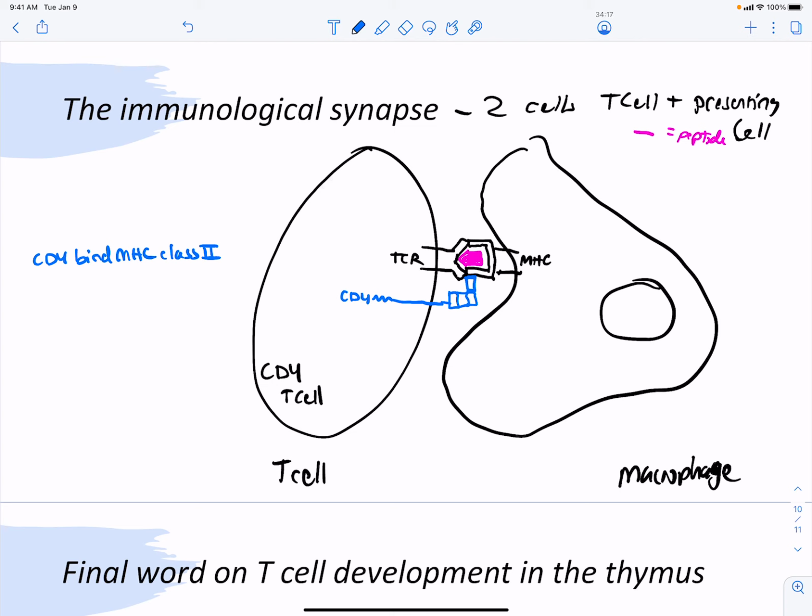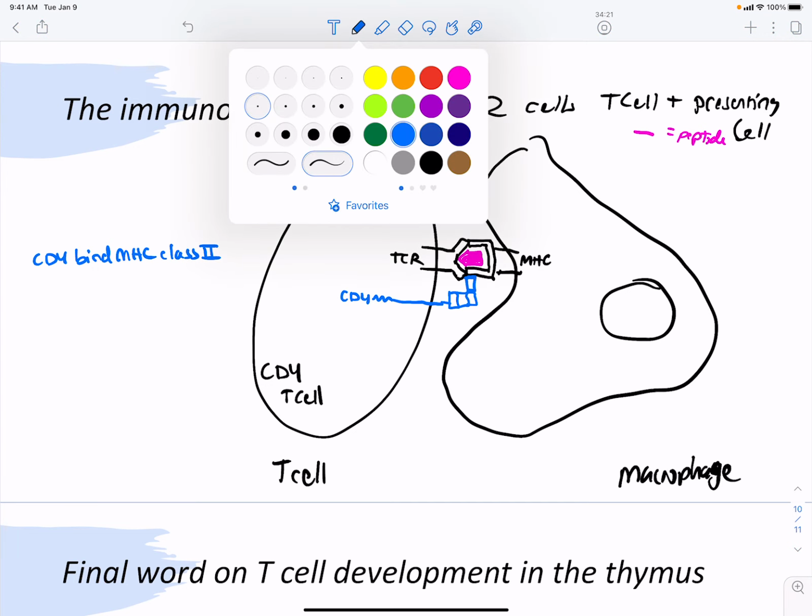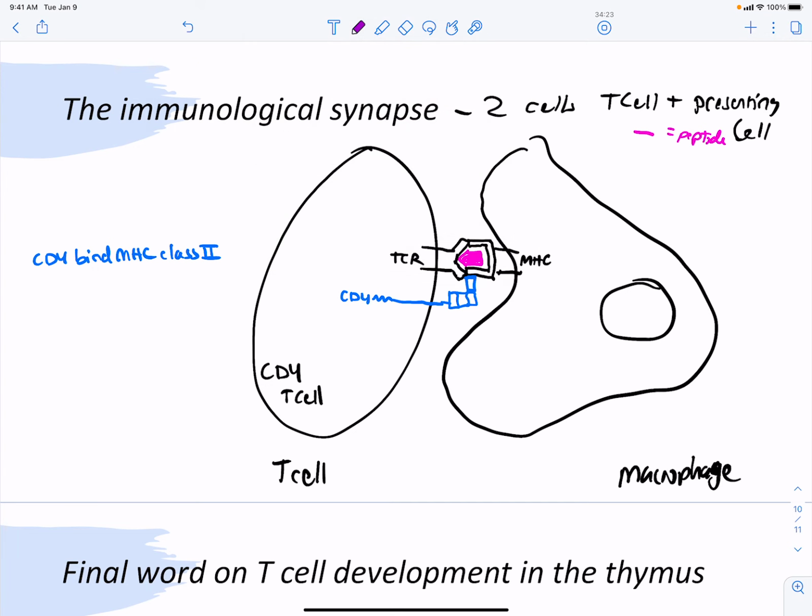You also need to have certain other adhesion molecules. So on the T cell, you will express an adhesion molecule called LFA1, and it'll bind to an adhesion molecule on the antigen presenting cell called ICAM1.